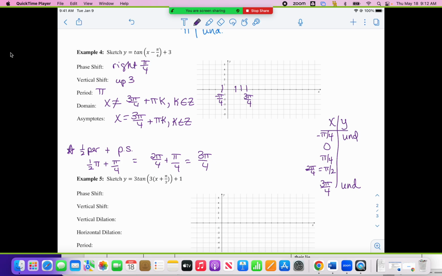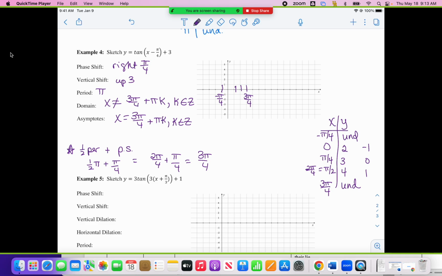Now what you're going to do, to the right, I start with negative 1, 0, 1, but this is going to go up 3 units. So that's going to be 2, 3, and 4. Let me talk you through this one more time before we continue, because this is confusing.